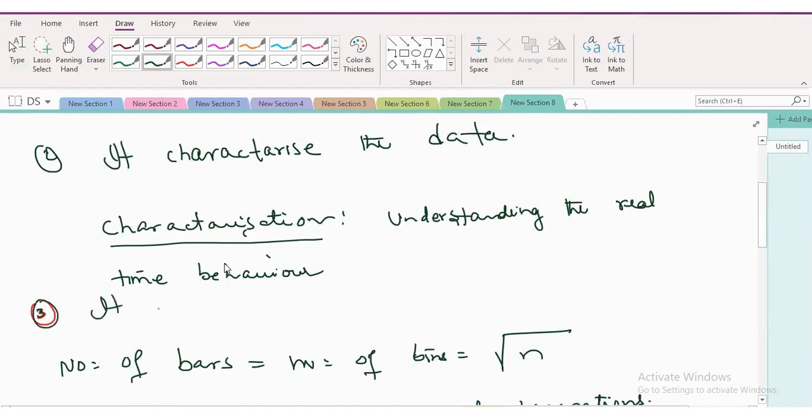It provides central tendency, dispersion of the data. Agree? I mean, split of the data. What is the minimum? What is the maximum? That is also called dispersion.